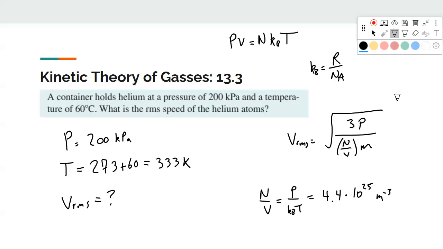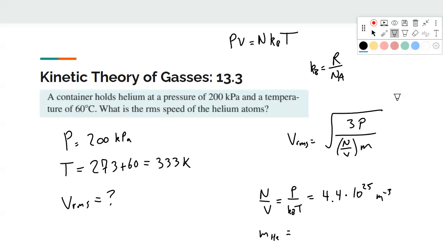And then we also need to find the mass of helium. Can anyone tell me, how do we find the mass of helium? What you can do is say, well, protons and neutrons basically have the same mass.